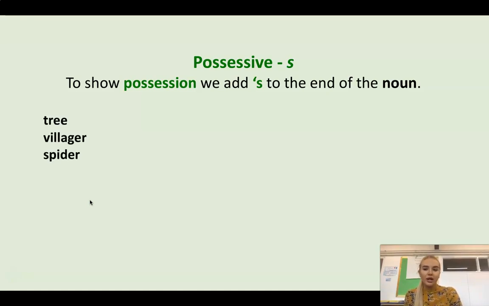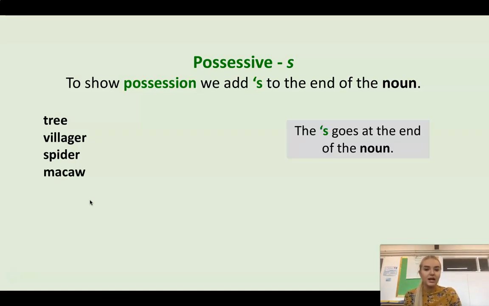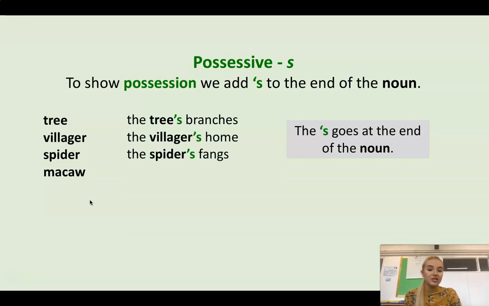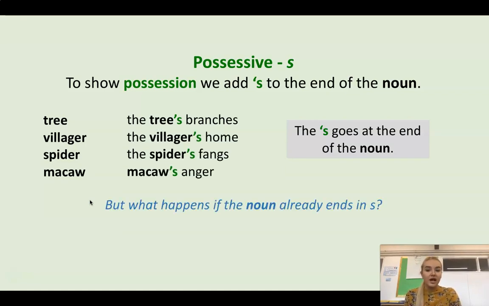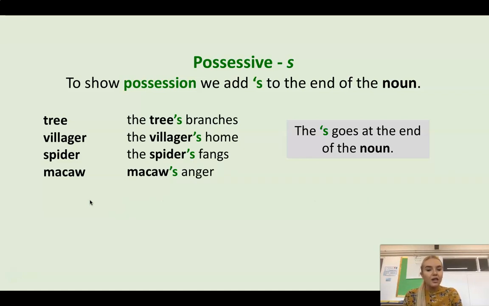We can look at these nouns: tree, villager, spider, and macaw. So if we want to say the tree's branches, the villager's home, the spider's fangs, the macaw's anger, this is only one tree, one villager, one spider, one macaw. And this is a singular possessive apostrophe because there is just one.